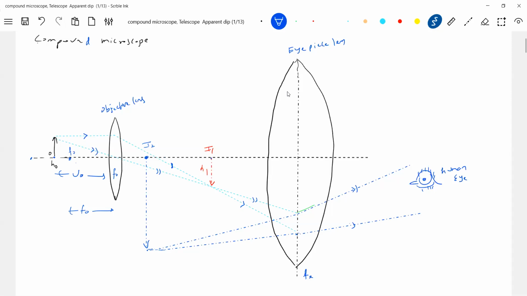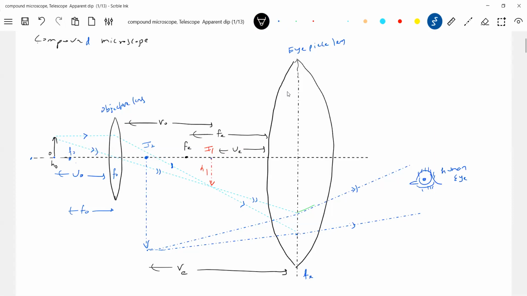This distance will be V0. This image I1 now becomes the object for the eyepiece. For the final image to be virtual, this should be within the focal length of the eyepiece, Fe. So this is UE and this is VE.